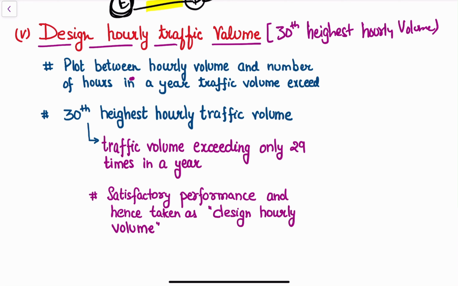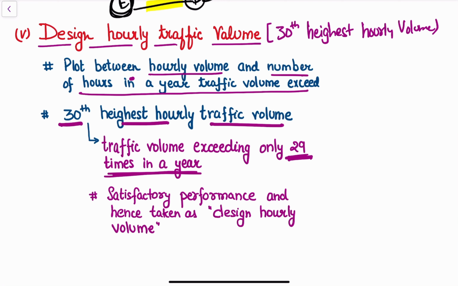So basically, it is a graph between the hourly volume and the number of hours in a year the traffic volume has exceeded. And from there, we find out the traffic volume that has exceeded only 29 times in a year, right? That is taken as our 30th highest hourly volume, and that is taken as our design hourly volume.